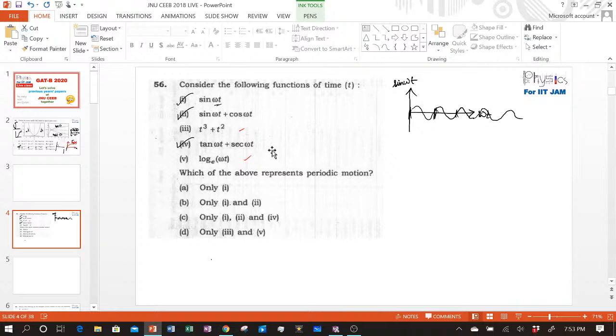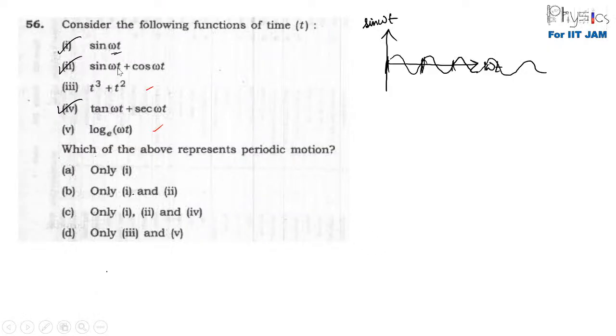So from these things we can say that these sinusoidal functions that include sine, cos, tan, sec, cosec, cot will give you periodic functions.